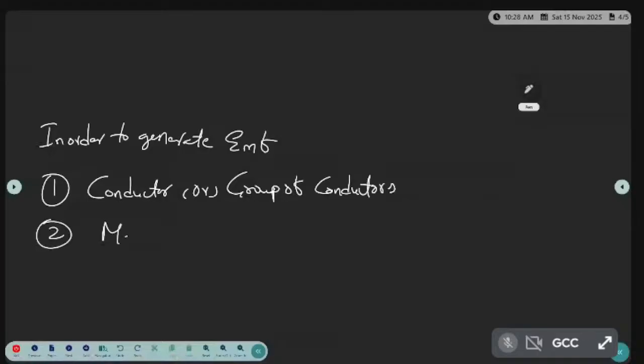Are these two enough? I am having a conductor, I am having a field. Can I get the EMF? Will EMF be generated? No. So the conductor has to rotate in a magnetic field.